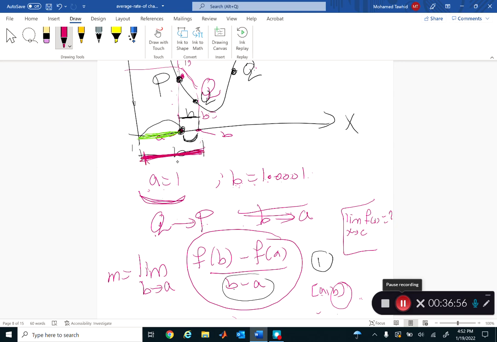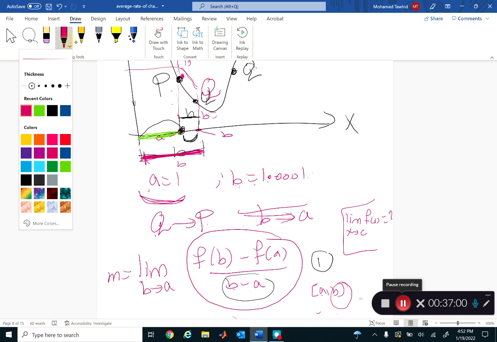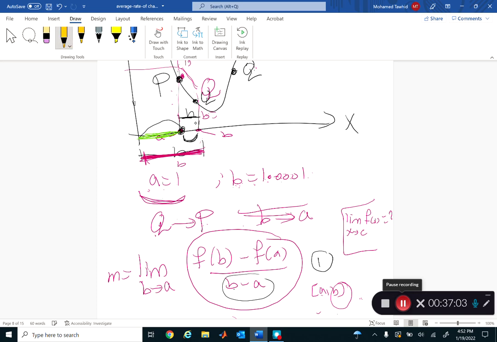And then b minus a, the small part, maybe I write it in yellow, that is your h, because you have a plus little h.